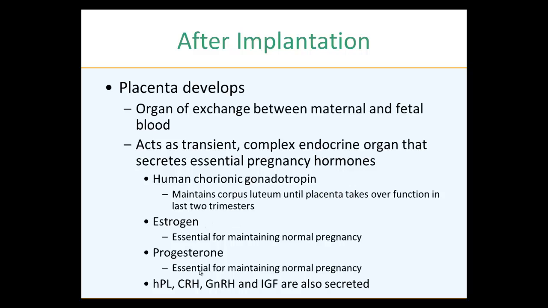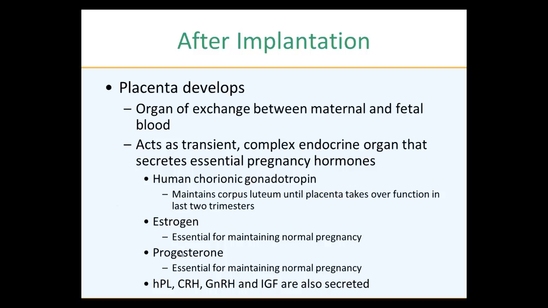Estrogen and progesterone will be secreted by the placenta, but the estrogen here is a different kind of estrogen. It's called estriol, which is a weak kind of estrogen, but it will help develop the breast, it will help maintain the uterus, it will therefore sustain the pregnancy, and we will see in a little bit further slides on the estrogen.